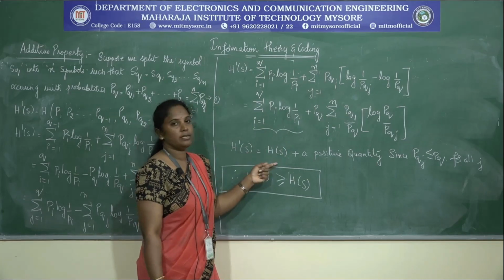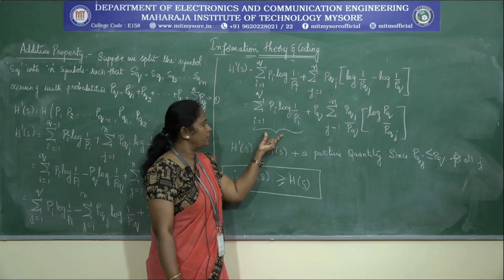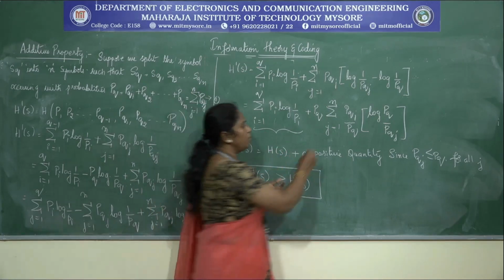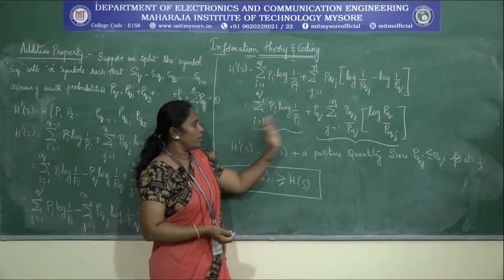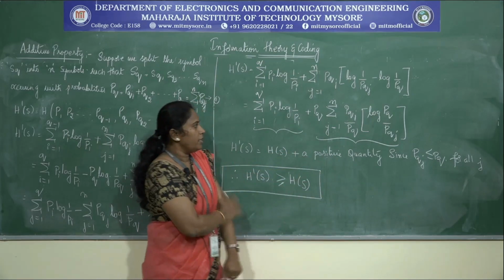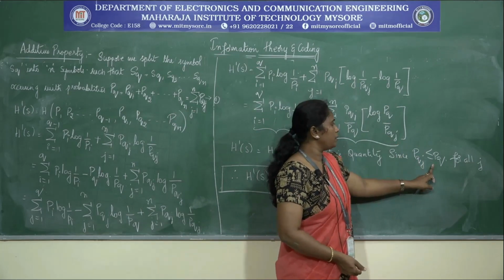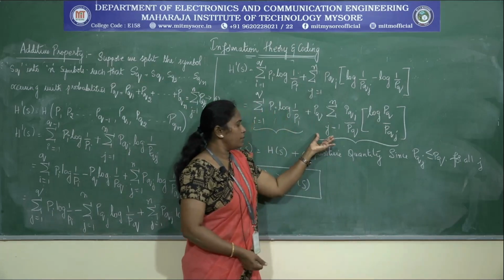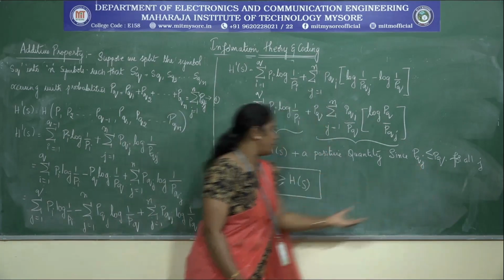So this is written as H of S, that is the entropy equation plus the whole term, which is a positive quantity. Also since Pqj is less than or equal to Pq for all j, this is a positive quantity with respect to Pqj as well as Pq.